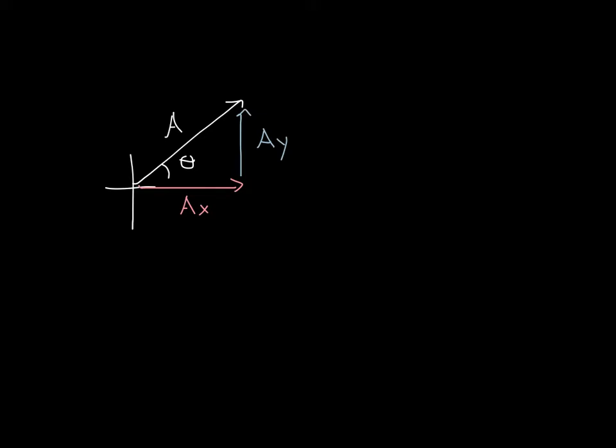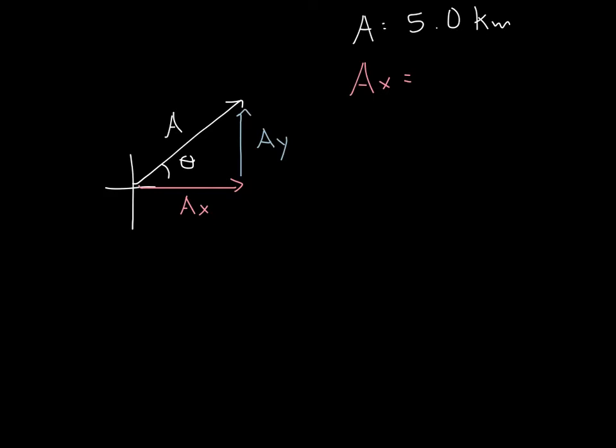So let's, for instance, give vector A a magnitude of 5.0 kilometers. If we are looking to get AX, well, AX happens to be the adjacent side to angle theta. So A, we have the magnitude of, it's the hypotenuse of this little right triangle formed here by our components.